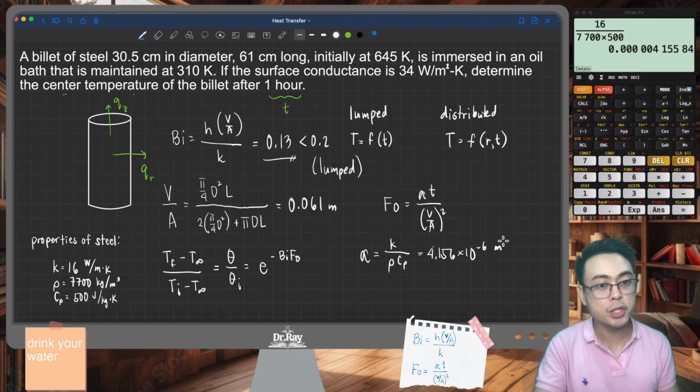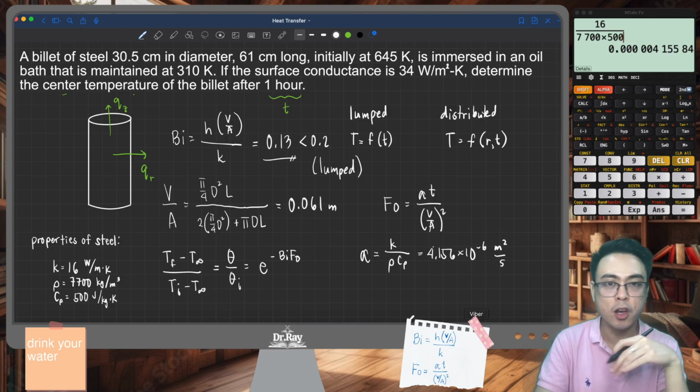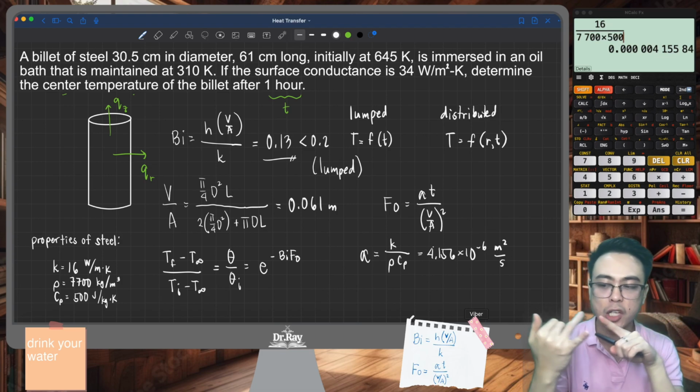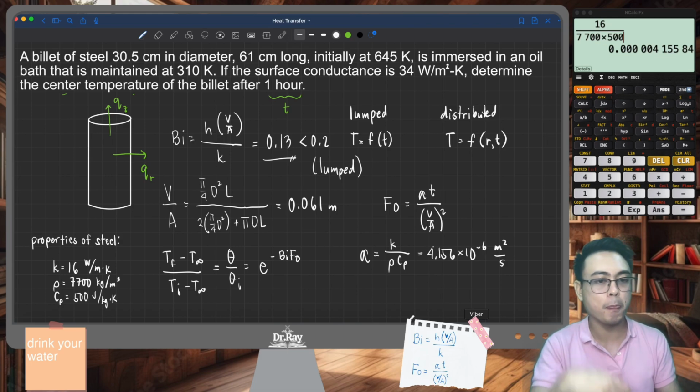The unit of this is square meter per second. That's the standard unit of diffusivity. Whether that be momentum diffusivity, thermal diffusivity, or mass diffusivity, they all have the same units, right?